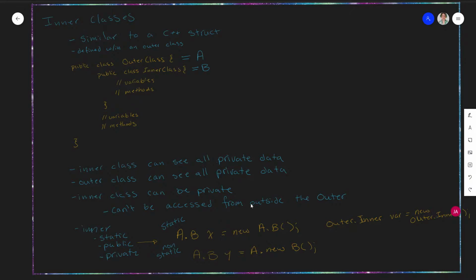And then if we're doing it with non-static, it's outer dot inner, just like before, with a variable name. Actually, we don't have new there. My bad. Sorry. So we have outer dot inner variable name equals, and then we say outer dot new inner. Okay.